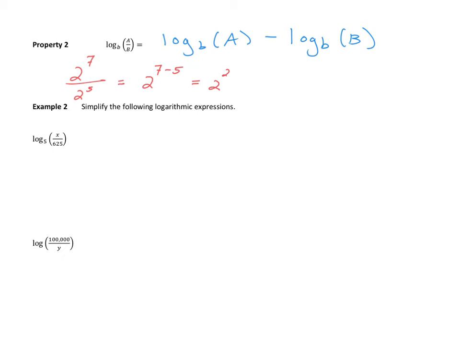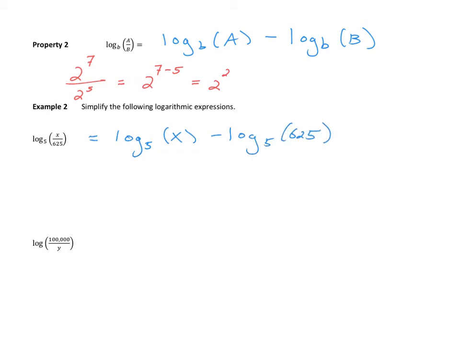So with that justification, not a proof, let's try this in example 2. Let's simplify this. Log base 5 of x divided by 625. This is equal to log base 5 of x minus log base 5 of 625.